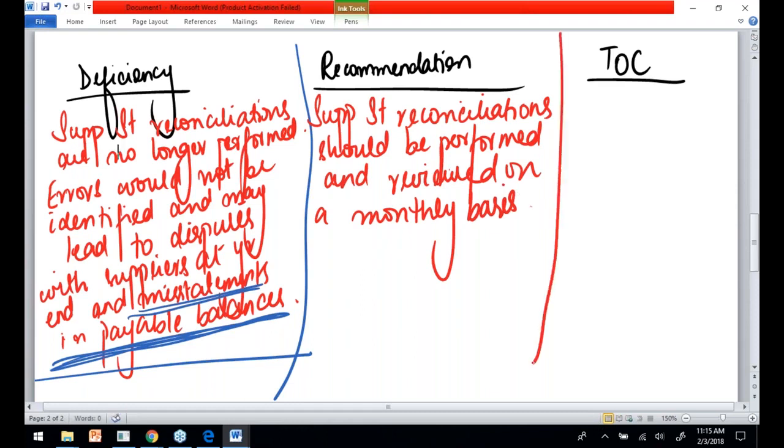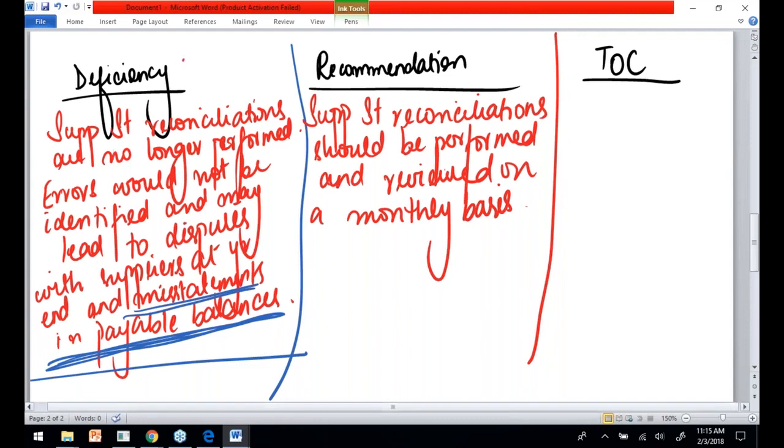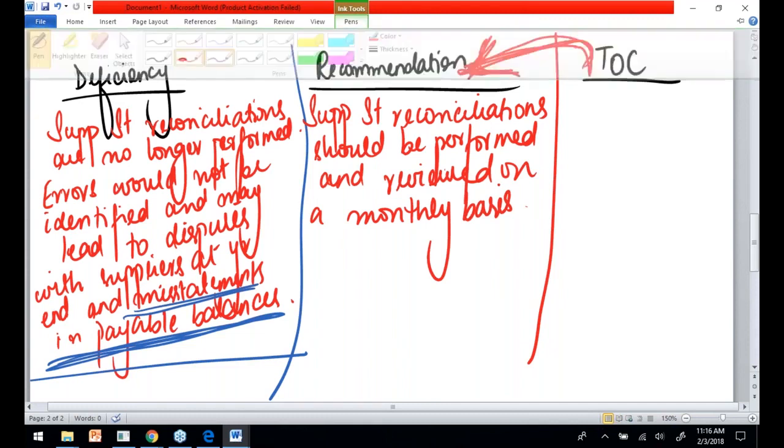That's it. Now, in order to write the TOC, you know what you have to do. You have to ignore the deficiency, focus on the recommendation to write the TOC. Ignore the deficiency altogether, focus on the recommendation. All right, I'm going to write it separately.